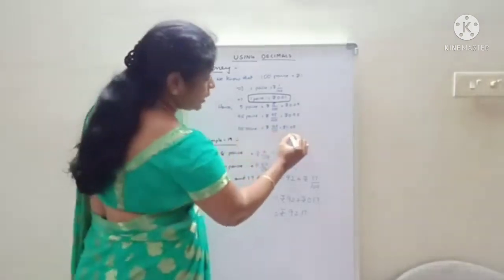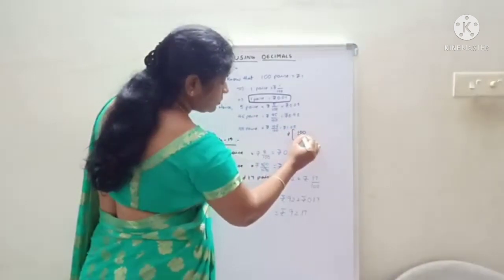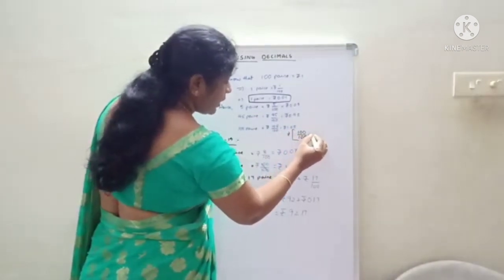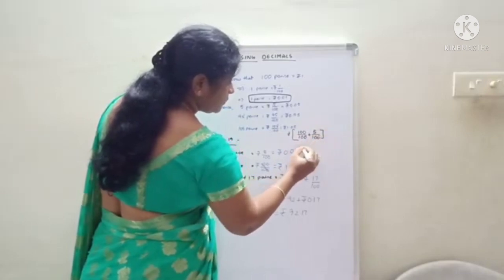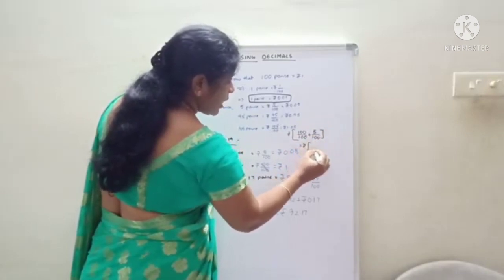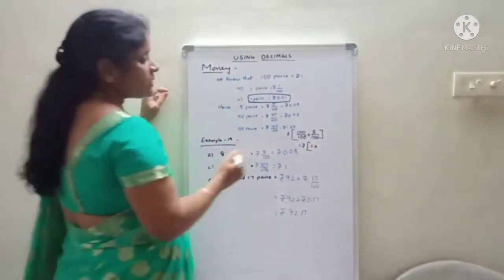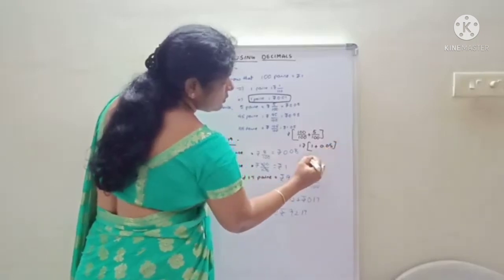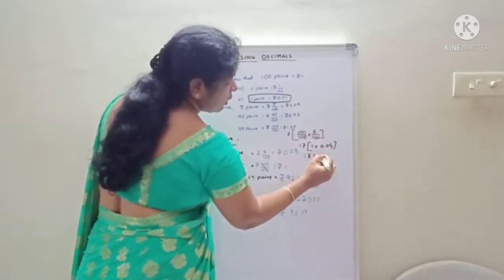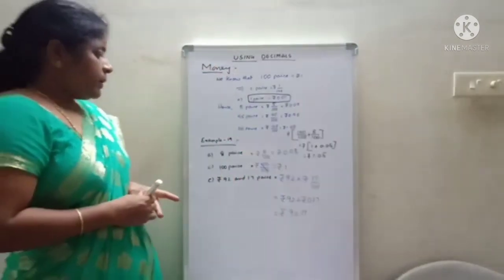Or you can write it as rupees 100 by 100 plus 5 by 100, equals 1 plus 0.05. So the value is rupees 1.05.